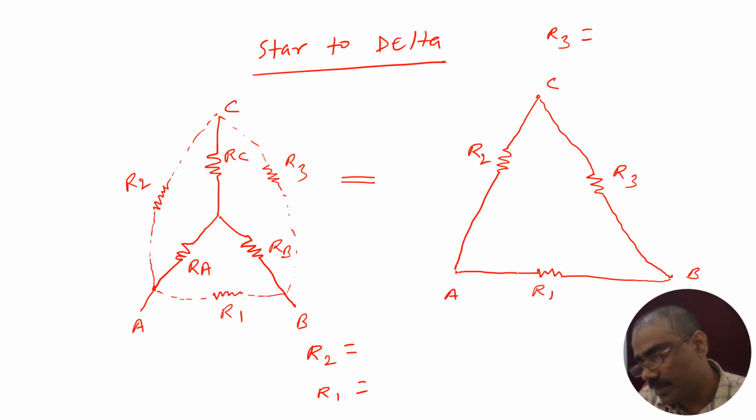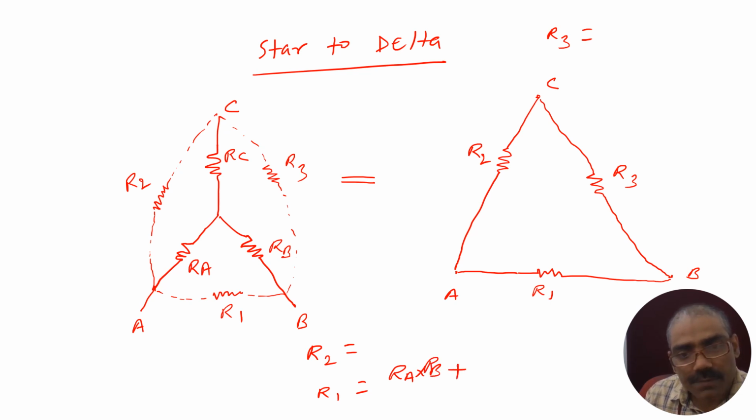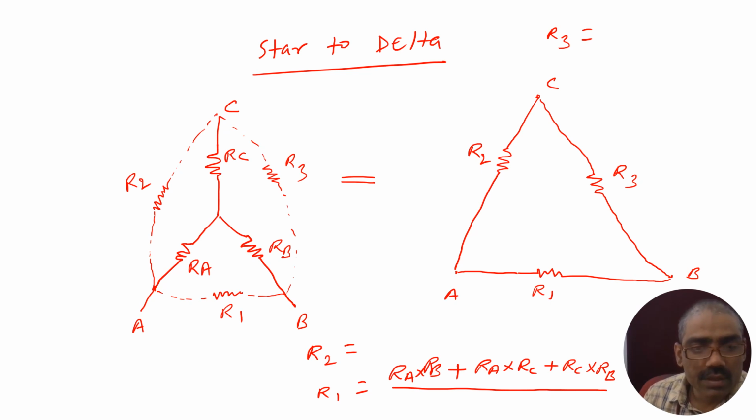So when we are trying to find R1, it is RA into RB, plus RA into RC, plus RC into RB, divided by, as we are calculating R1, which is connected with points A and B. Which one will be left?